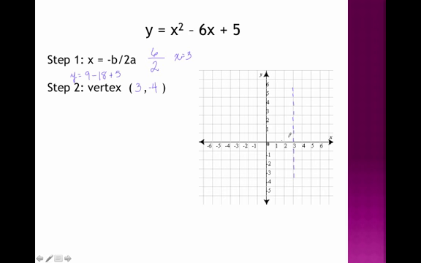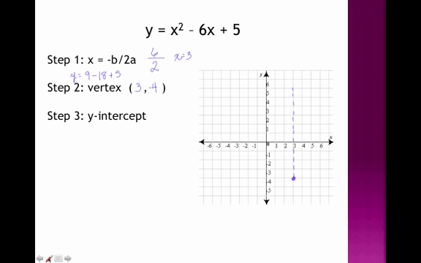So now I have my vertex at 3, negative 4, which I'm going to plot right there. So I know here's my axis of symmetry, and I know also that because this is a positive a, my parabola is going to be upwards facing, so this is my minimum point.